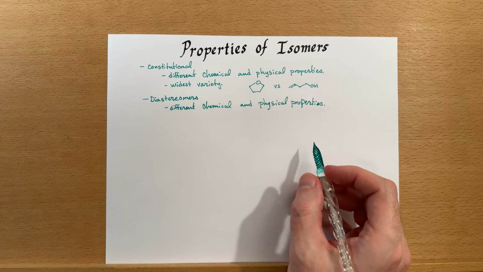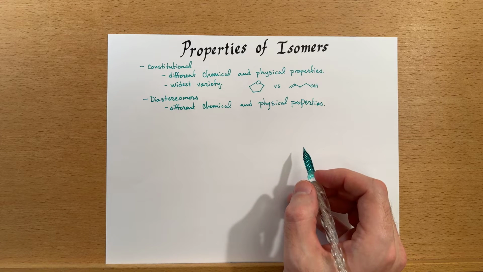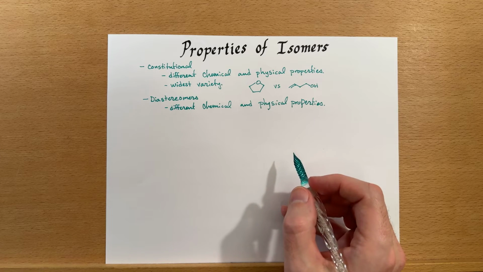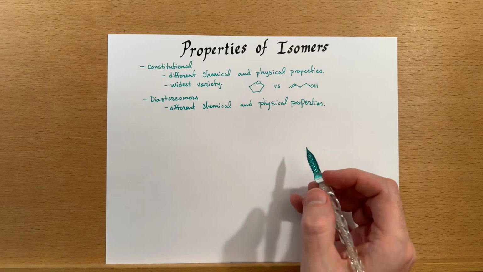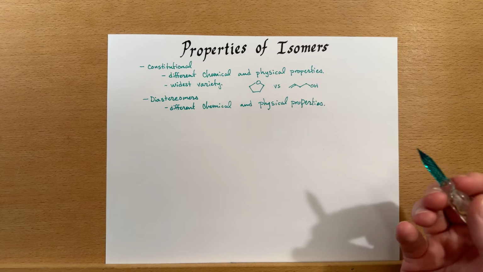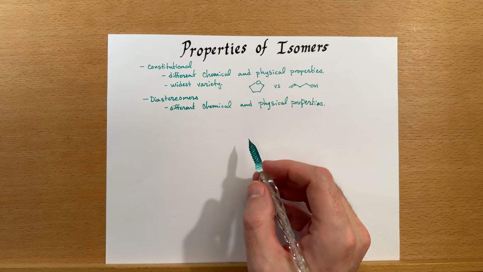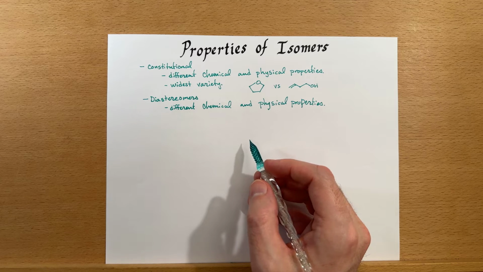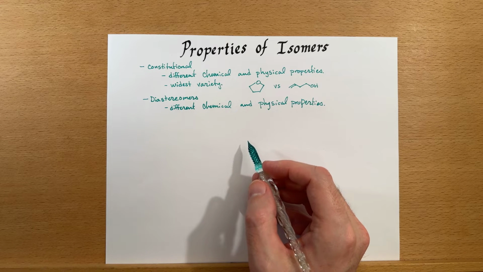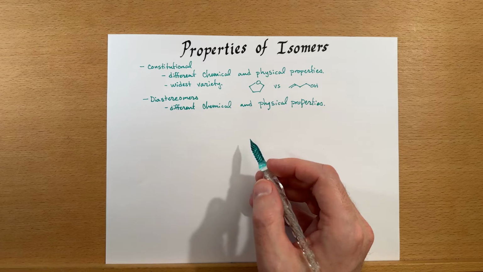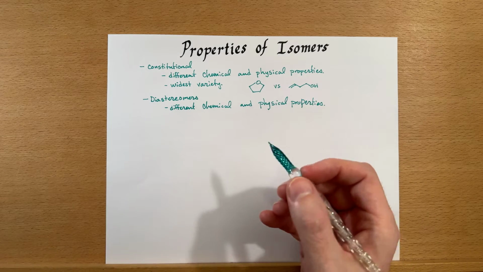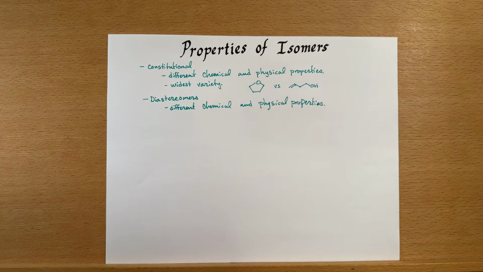That said, they're not as wide-ranging as the constitutional isomers, because if we have an alcohol, we will also have an alcohol in the other isomer, because all of the bond connectivity needs to be the same. However, we can have some widely varying physical properties just due to the polarity differences in the molecules.